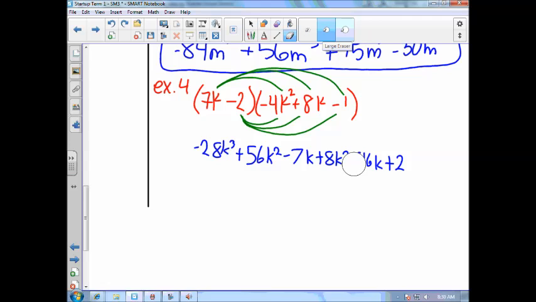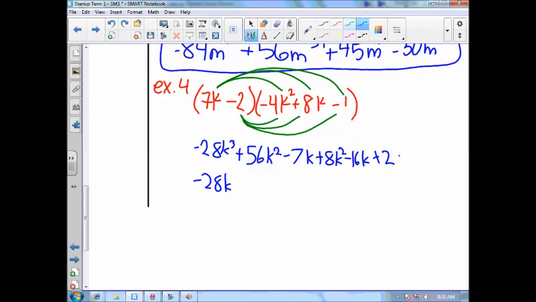Yeah, erase it. And the 8k is a k squared. 8k squared, because you erased the exponent. Plus, yeah, that should be right now.